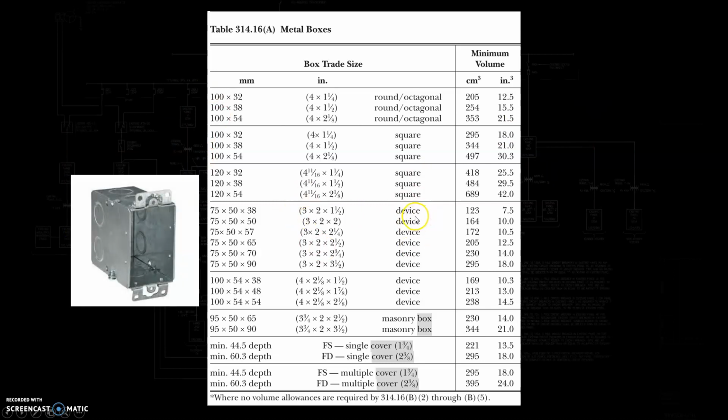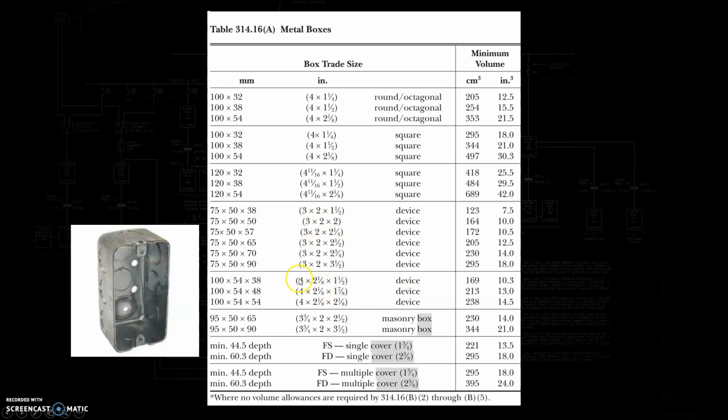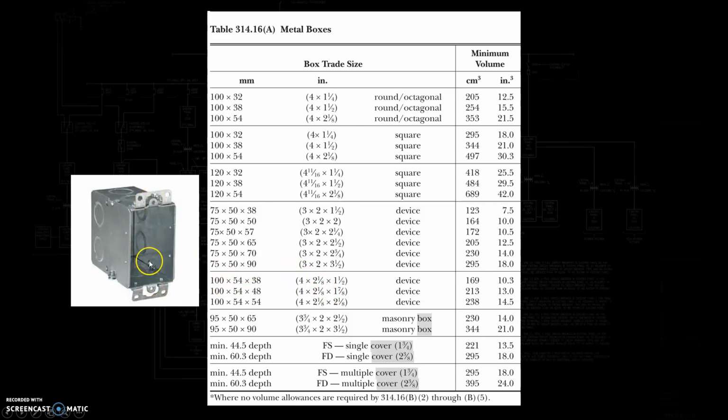Now this next one is a device box, a 3 by 2, and then the depth. But what's the difference between this and the 4 by 2 1/8 and then the depth here? Notice, of course, this one's a little smaller, 3-inch. Let's skip ahead to the 4-inch here. Notice, these are a little bigger. What's the difference? These screws are for mounting your device.